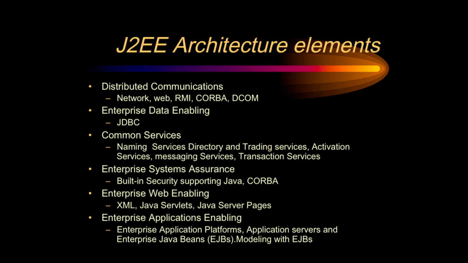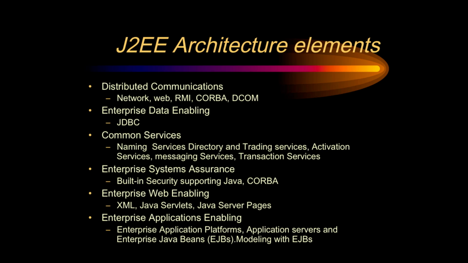It has enterprise data enabling called JDBC, which is basically how you connect to a remote relational database from Java. You can, as we talked about, make a connection to a remote database object and issue queries. Java JDBC allows you to do the same thing.